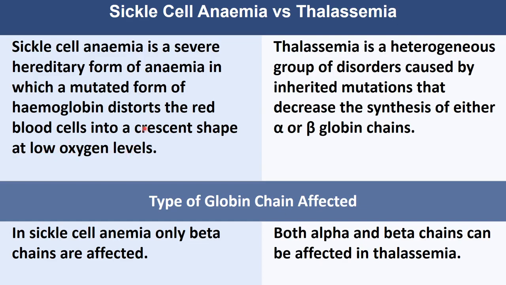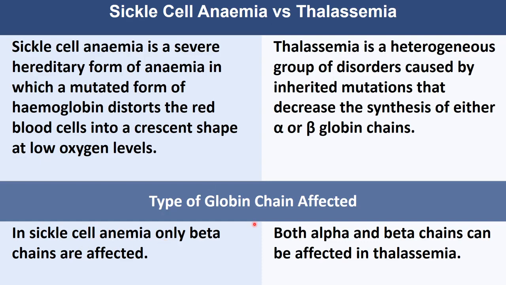Okay, so in sickle cell anemia there is a change in shape of RBCs due to a mutated form of hemoglobin, while thalassemia is a heterogeneous group of disorders caused by inherited mutations that decrease the synthesis of either alpha or beta globin chain. So there is decreased synthesis of alpha or beta globin chain, due to which there will be an abnormal type of hemoglobin and a change in RBC shape.